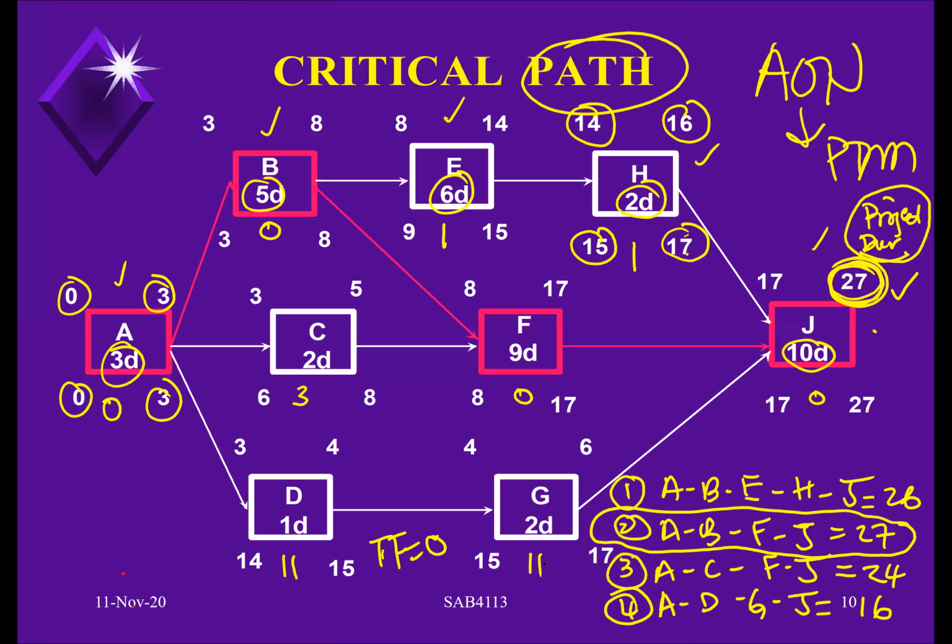You notice that when total float has a value, they can be considered non-critical activities. You know why? Because they do have free time. How much free time do they have? For instance, activity H is 1 day. Activity E is 1 day, but that 1 day is being shared together in one particular path.